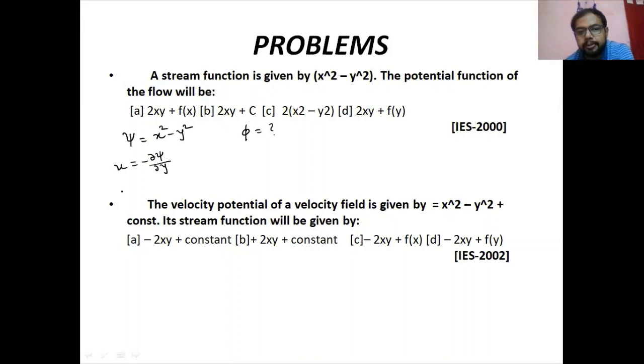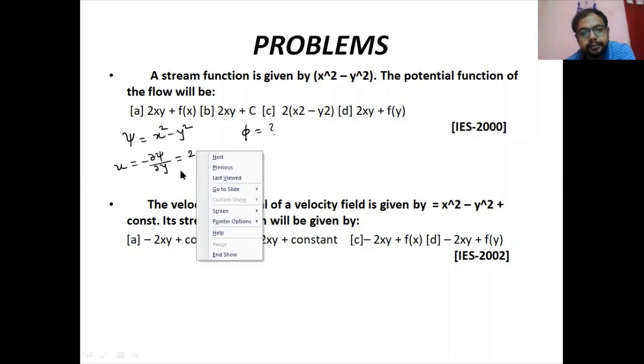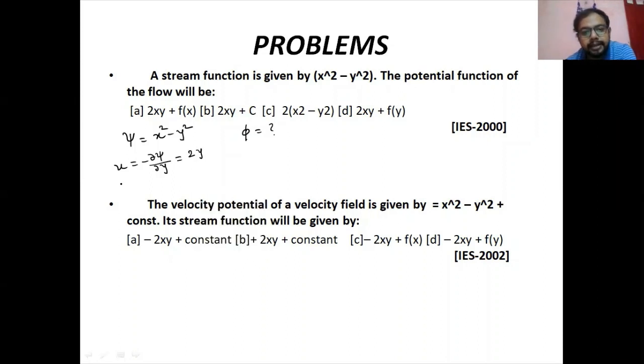This kind of problem you have to approach in this way. So u is equal to minus d psi by dy, which, if you do it, comes to 2y. In the same way, v is equal to d psi by dx, which comes to 2x.